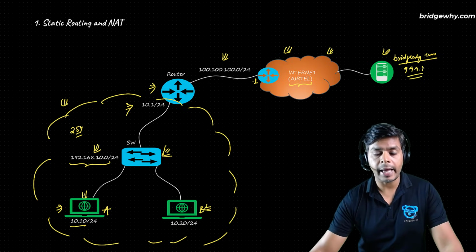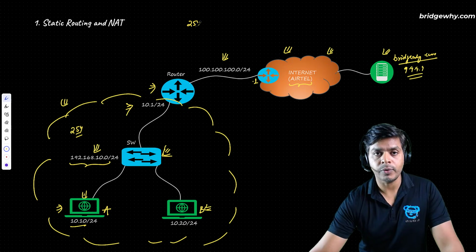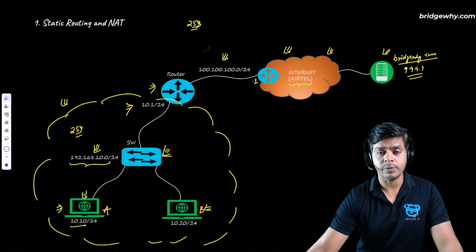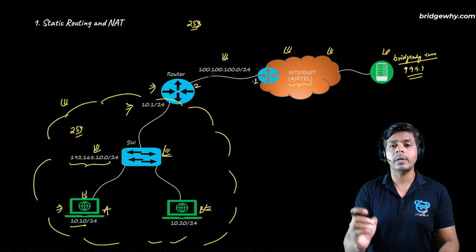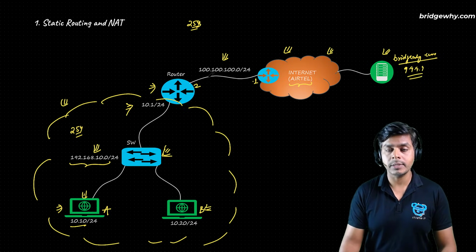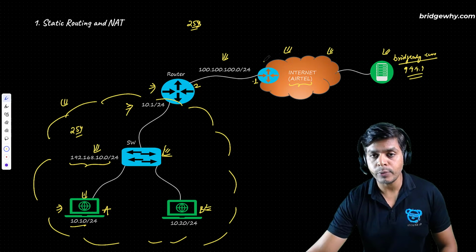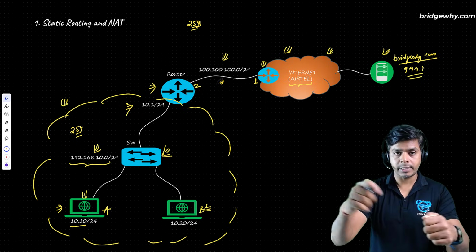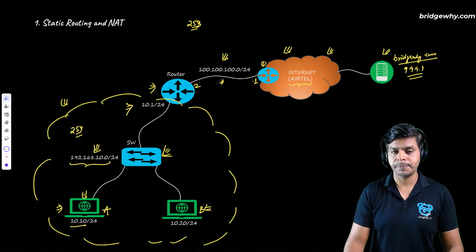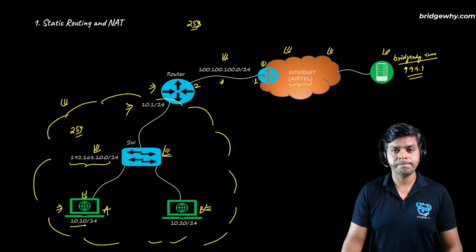You can take any address from the remaining 253 addresses. So I am choosing .2 here. If I am choosing .2, the meaning is 100.100.100.2 is my address, and 100.100.100.1 is the address of the Airtel router. And Airtel has given me this Ethernet wire, which I have connected into my router. As simple as that, right?